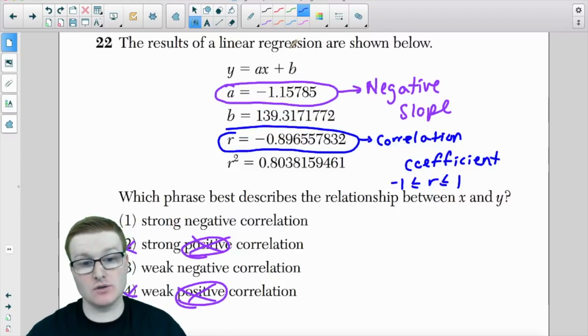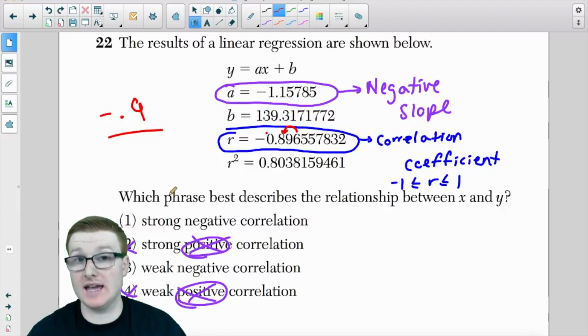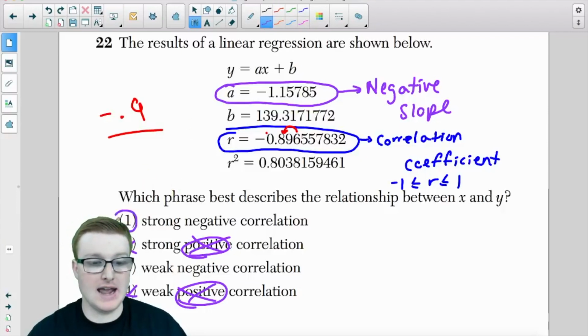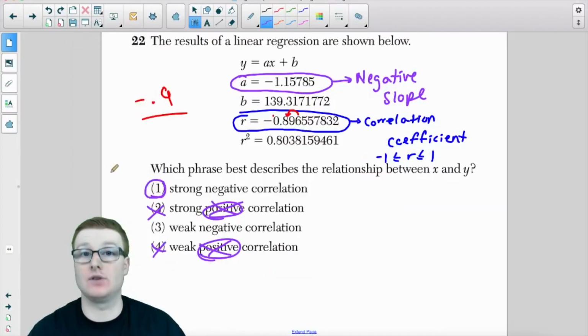As you can see, this number is fairly close to -1. I mean, if you want to, you could round it upwards. This is -0.9, which is fairly close to -1. So therefore, it is a strong negative correlation. Your answer is choice 1 for that question.